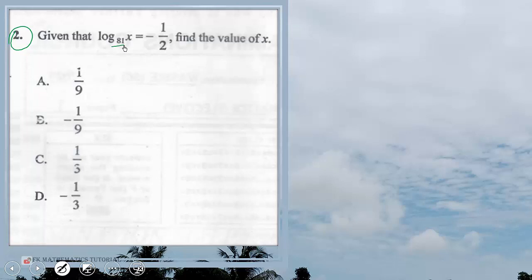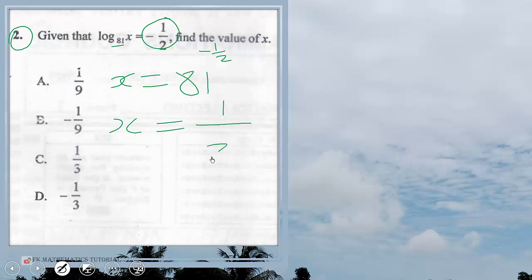Now we are going to rewrite this equation as an exponential equation. So we write the x, then the base of the logarithm, which is 81, will come and be raised to the number here, which is negative 1 over 2. So this is the same as x is equal to 1 over 81 exponent half.